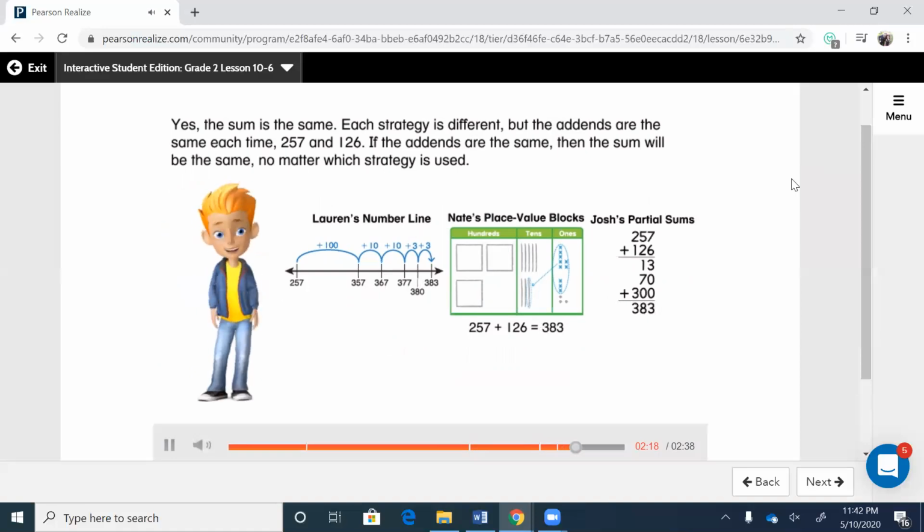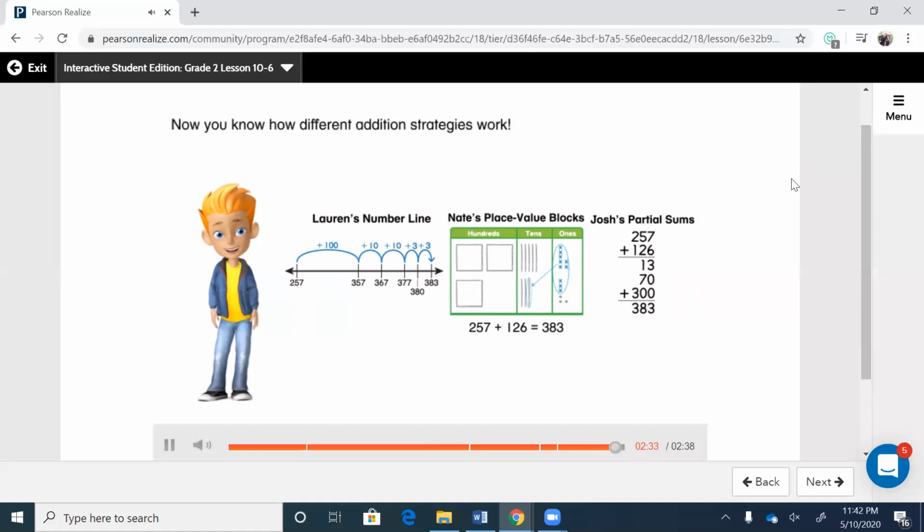Each strategy is different, but the add-ins are the same each time. 257 and 126. If the add-ins are the same, then the sum will be the same, no matter which strategy is used. Now you know how different addition strategies work. You are good at math.